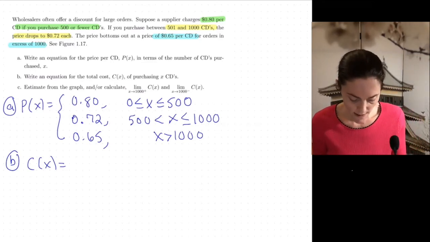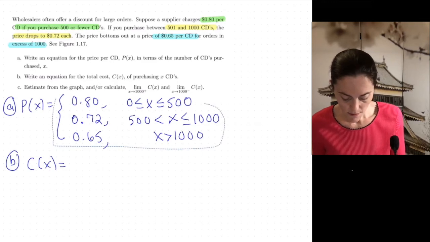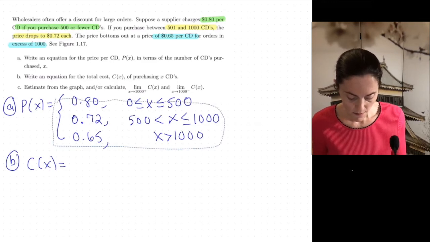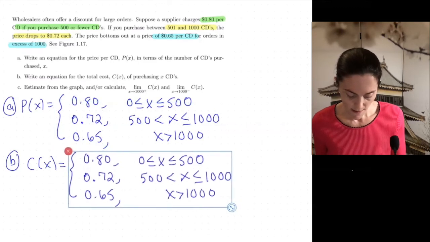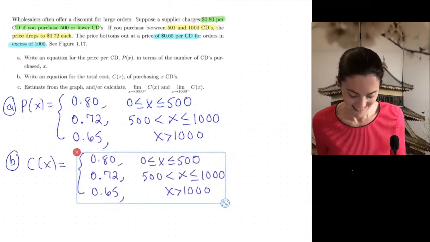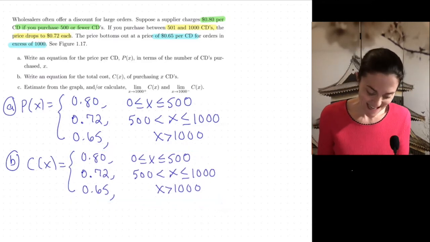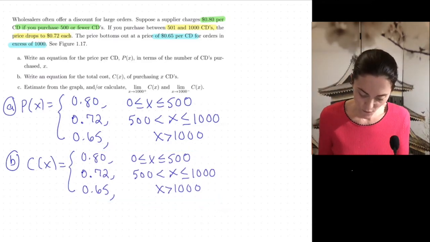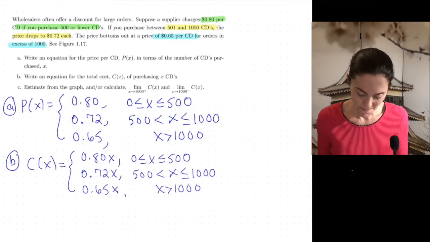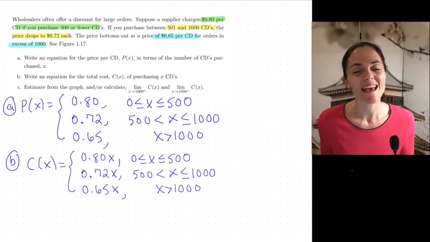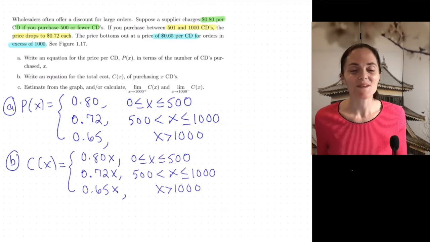And so I think I can just copy and paste. Okay, this is the beauty of the GoodNotes app, and just change, because all I need to do to get this formula is multiply by x, and we have the total cost. Okay, this is the cost function.